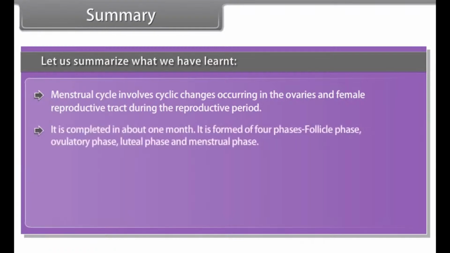It is completed in about 1 month. It is formed of 4 phases: follicle phase, ovulatory phase, luteal phase, and menstrual phase. It starts at puberty and permanently stops at menopause.